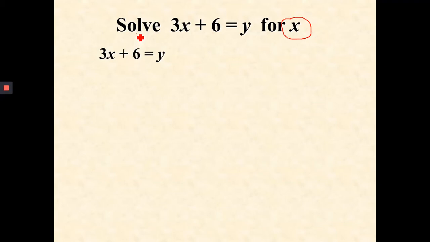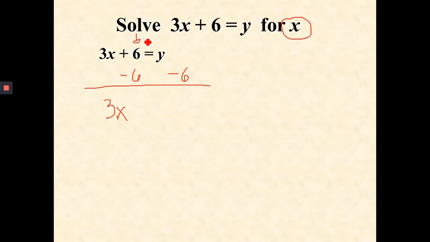So we are going to get rid first of your 6. We need to get the opposite. And what is the opposite? That is negative 6. So you're going to write negative 6 on both sides of the equation. So you have to bring down 3x.